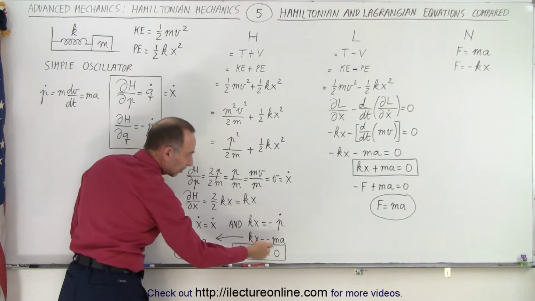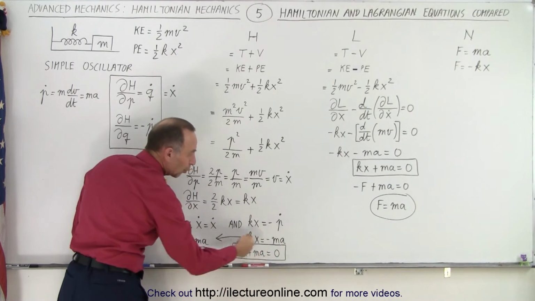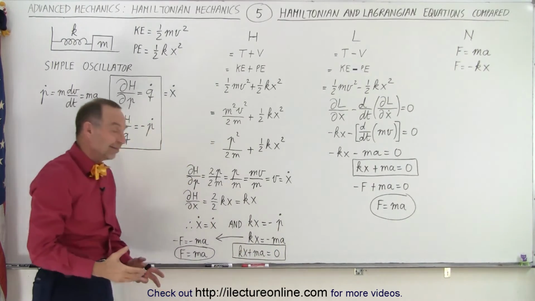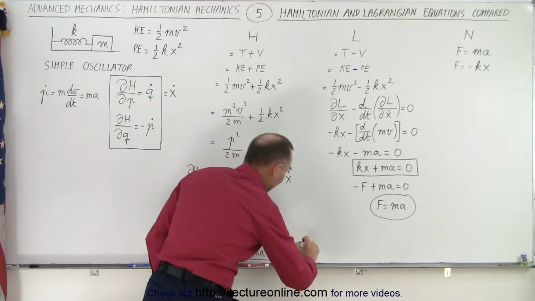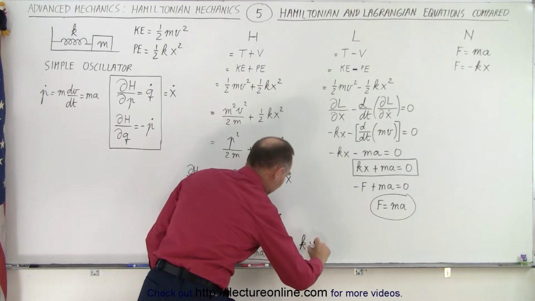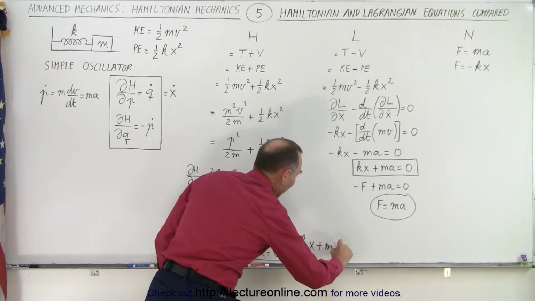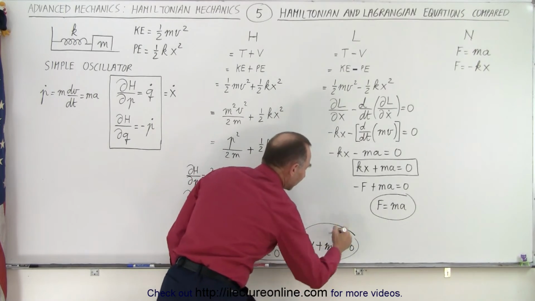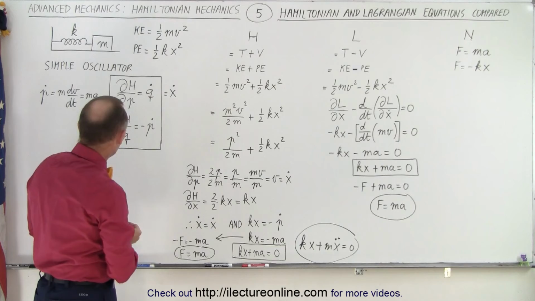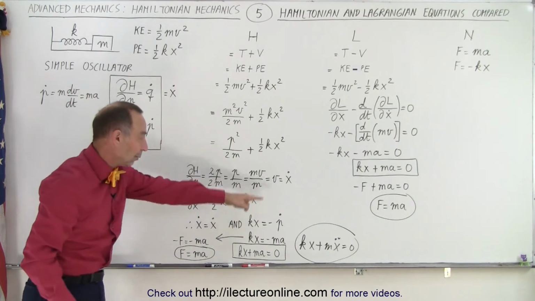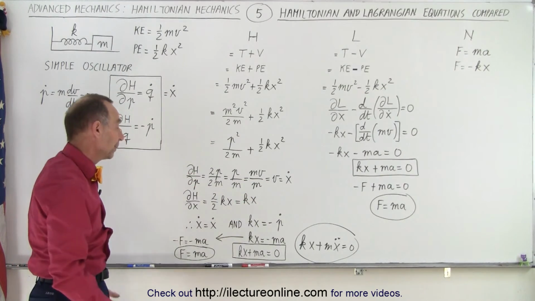And then if we move the ma to the left side, we end up with the equation we would expect to get: kx plus ma equals 0, or we could write it as a differential equation where we have kx plus m x double dot is equal to 0. And so you can see that this is the known differential equation for the simple oscillator. So we can see that we get the proper equation there.